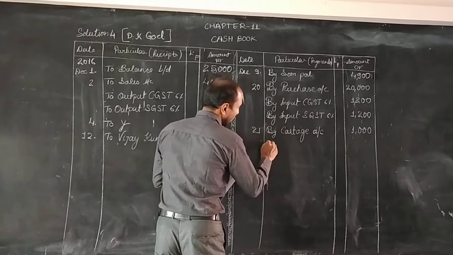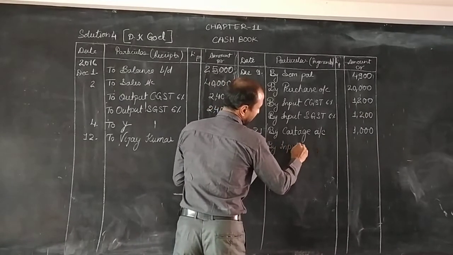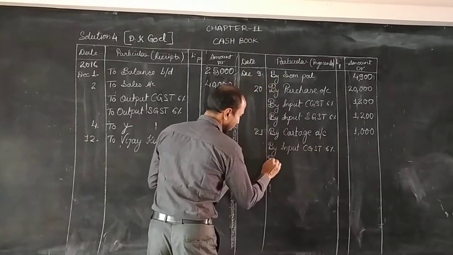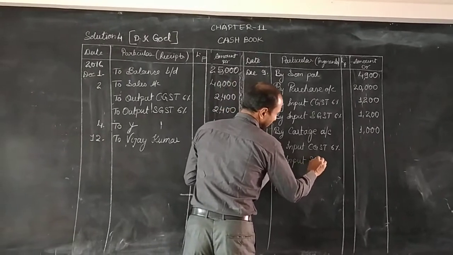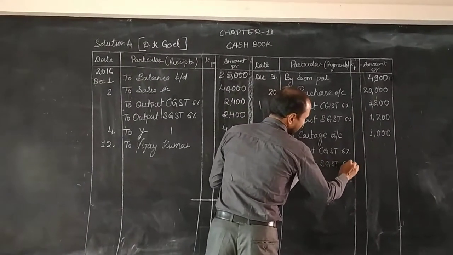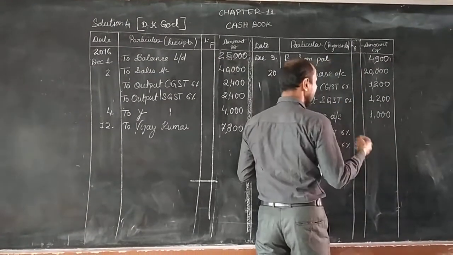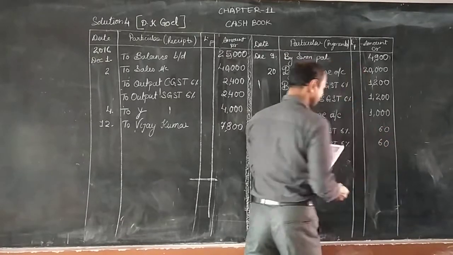So here we have by input CGST 6% and by input SGST 6%. So 6% is 60 rupees, and this is also 60 rupees.